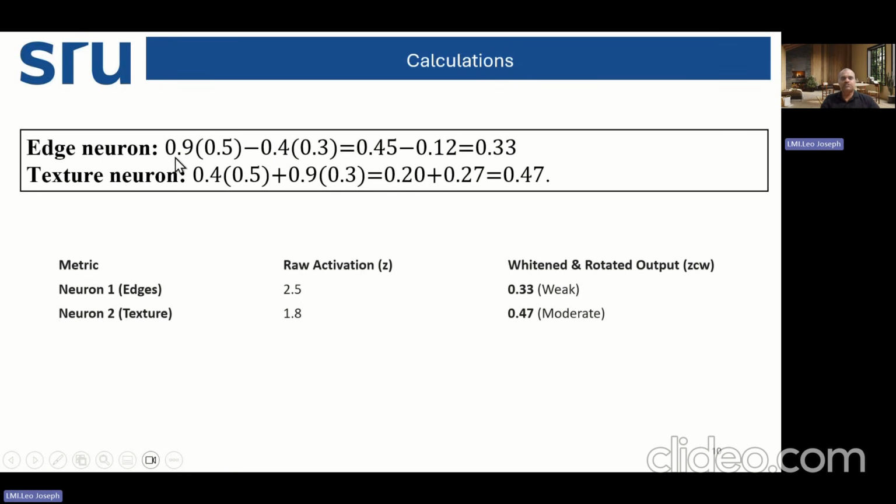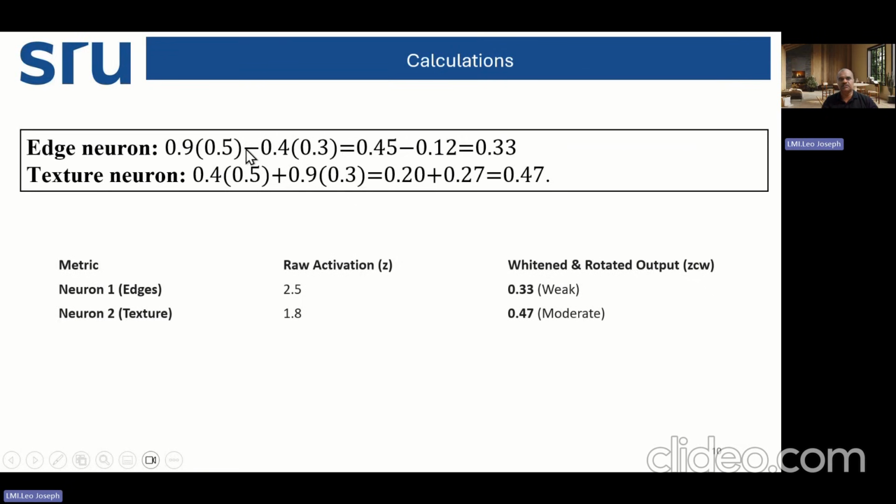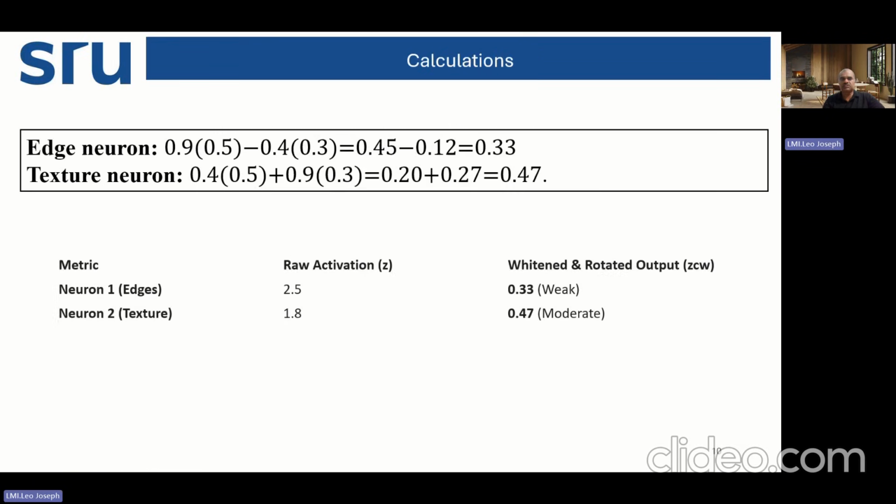Next, for the edge neuron, 0.9 into 0.5 minus 0.4 into 0.3, we will get 0.33. And for the texture neuron, 0.4 into 0.5 plus 0.9 into 0.3. Like that, I am doing two different things. One is 0.33 and another one is 0.47. So the raw activation is for these values, 2.5 and 1.8.